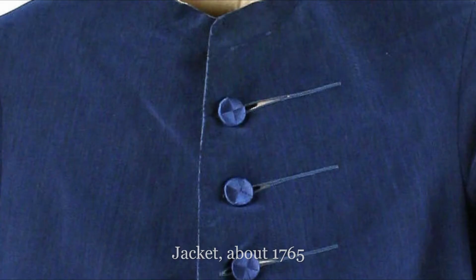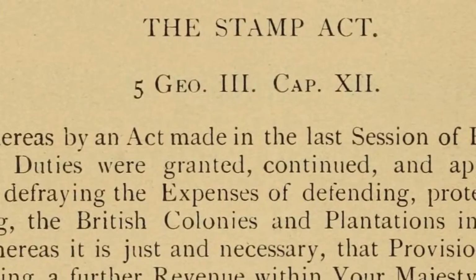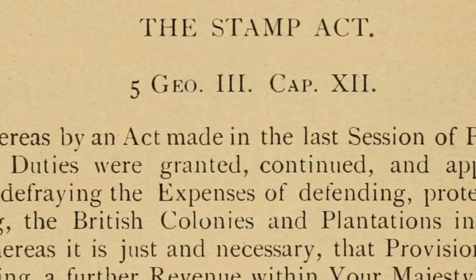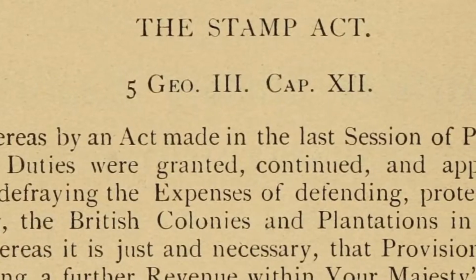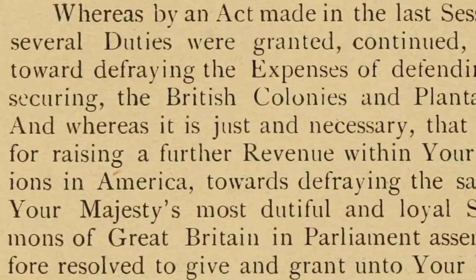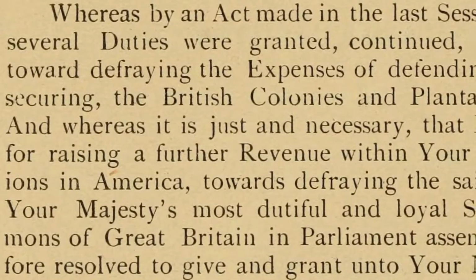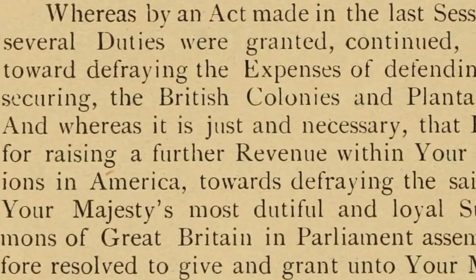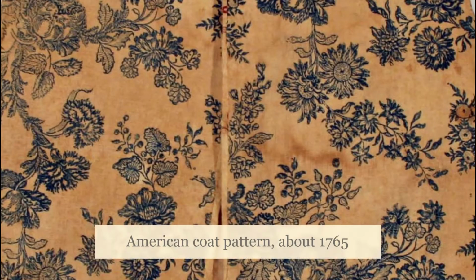And whereas it is just and necessary that provision be made for raising a further revenue within your Majesty's dominions in America towards defraying the said expenses, we, your Majesty's most dutiful and loyal subjects, and Commons of Great Britain and Parliament assembled, have therefore resolved to give and grant unto your Majesty the several rates and duties hereinafter mentioned."